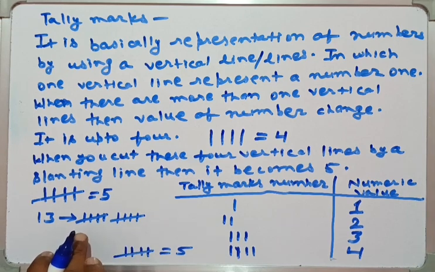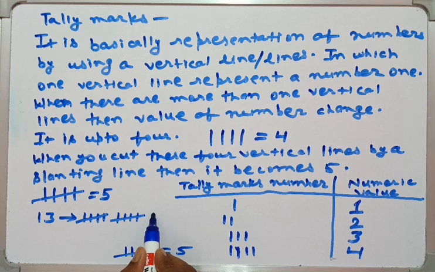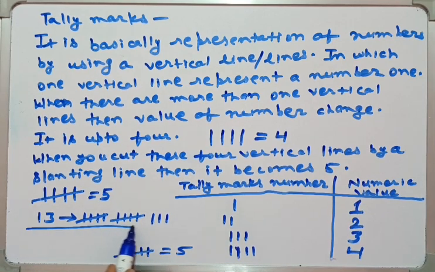So now 5 plus 5 is 10. Now you draw 3 more vertical lines. This way you can represent 13. If somebody says to you write down 27, how could you write it in tally marks?